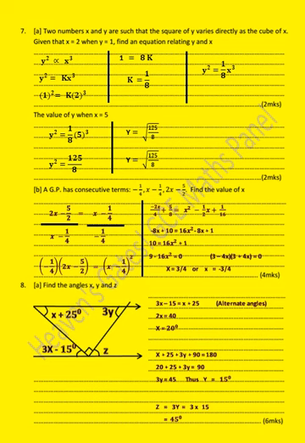And when we simplify this, we will end up with a quadratic equation giving us 9 minus 16x squared equal to 0, and the values of x will be 3/4 or x equals minus 3/4. Since they did not tell us if the GP is increasing or decreasing, we have these two values. If they indicated that it was increasing, we will take only x equals 3/4, and if they said it was decreasing, we will take only x equals minus 3/4.